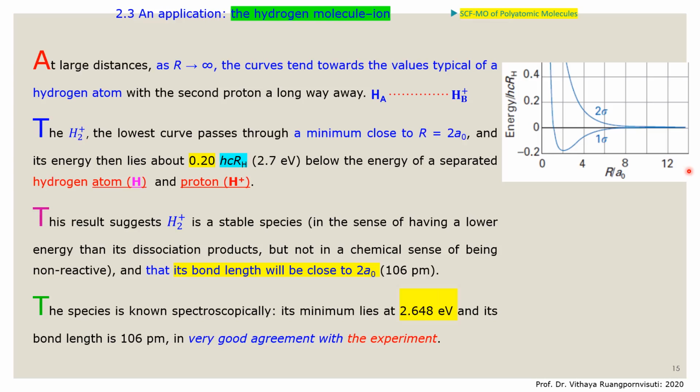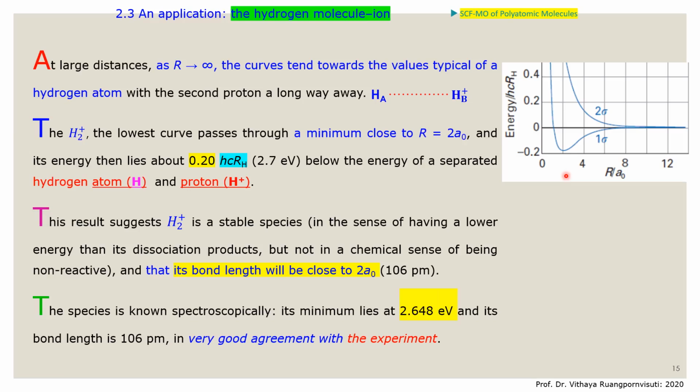For the hydrogen molecule ion, the lowest curve passes through a minimum close to 2 a0, and its energy is about 0.20 in energy units of Hartree.